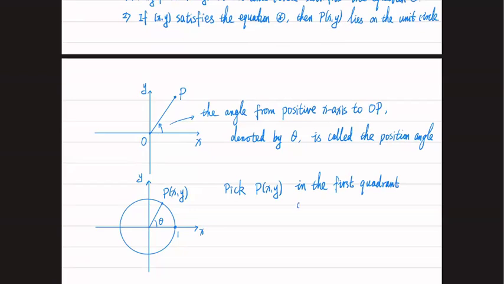Also on the unit circle. Now we want to find a formula for the two coordinates in terms of the position angle.